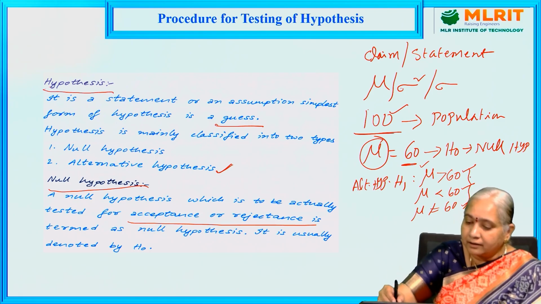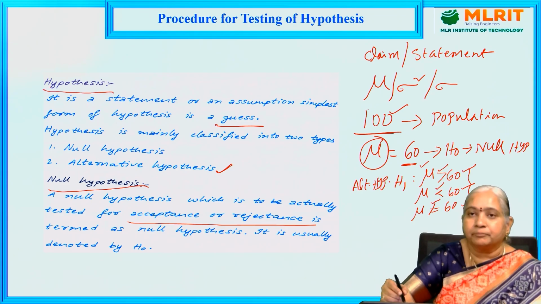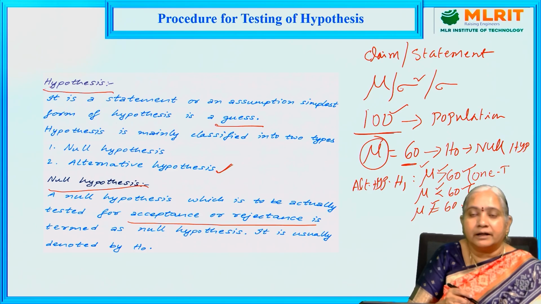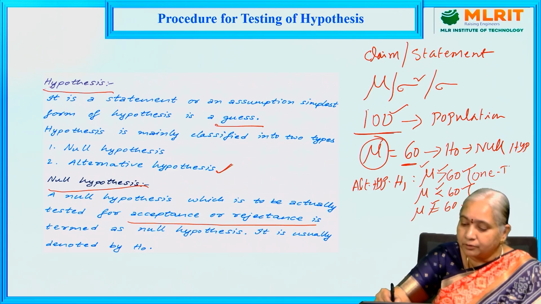That's why we can define the alternative hypothesis H1 in three ways: greater than 60, less than, or not equal. These two, greater than and less than, are called one-tail tests, and not equal to is called a two-tail test.